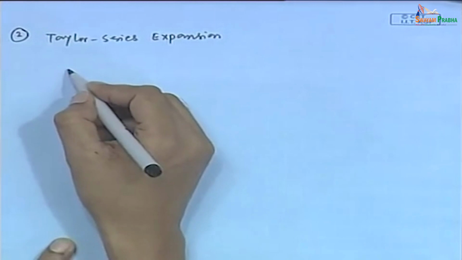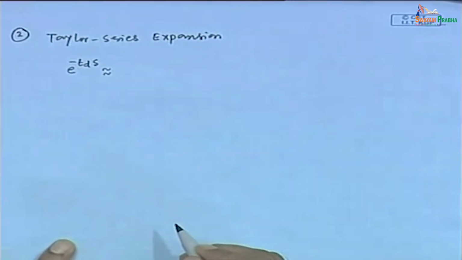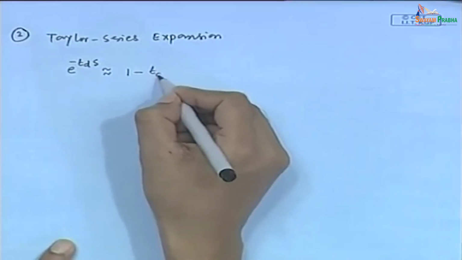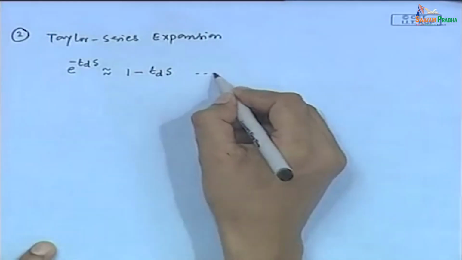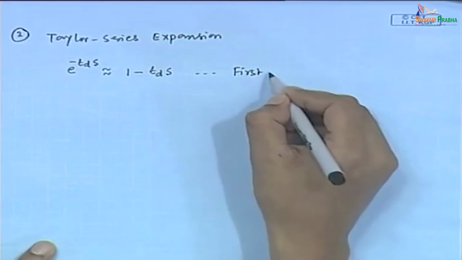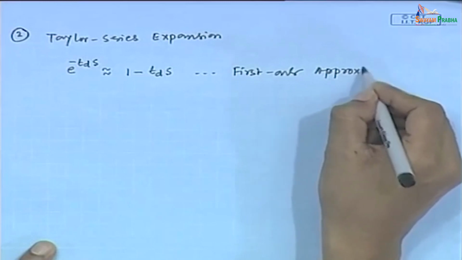According to this, the exponential of minus TDS is approximately equal to 1 minus TDS. This is also first order approximation, the first order Taylor approximation.